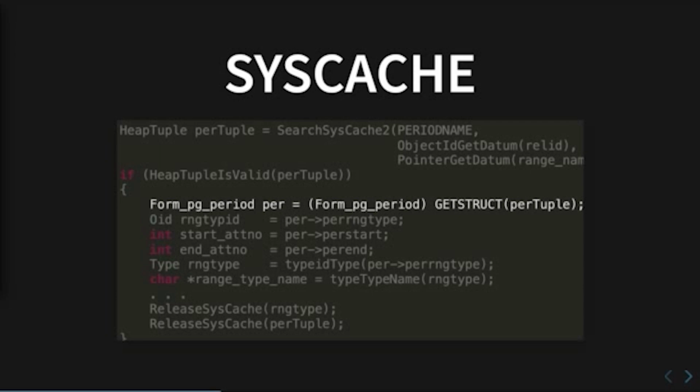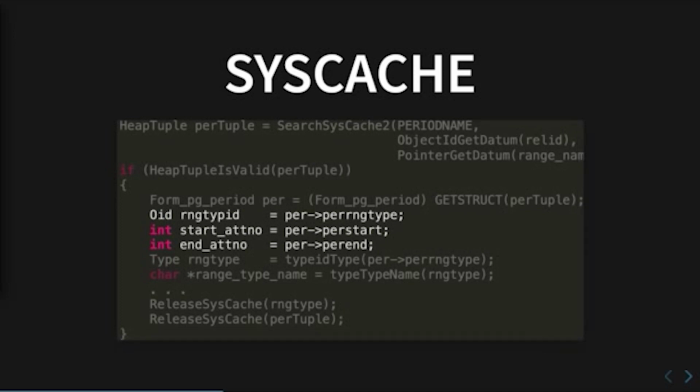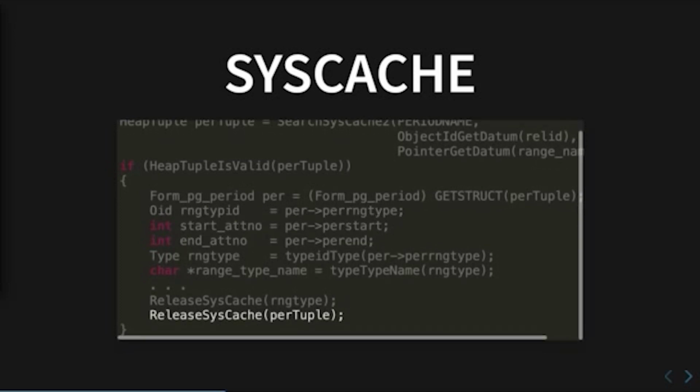For simple types like ints and OIDs, we just pull them off the struct. When we're done, we call ReleaseSysCache. This isn't freeing memory, but it decrements a reference count so that Postgres knows when it can unlock the cache entry. If you don't call it, it will still get unlocked at the end of the transaction. If I recall correctly, Postgres will scold you if it has to do that, though.